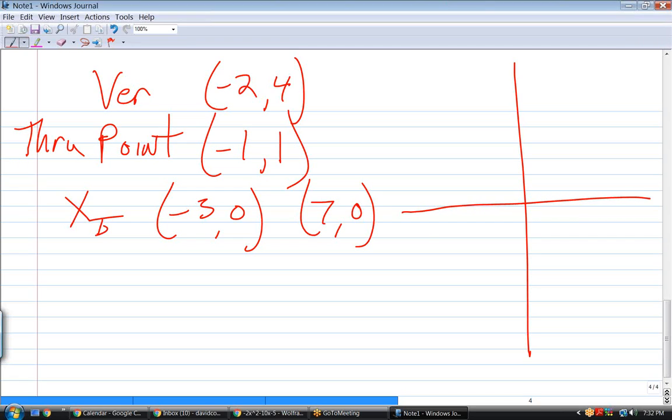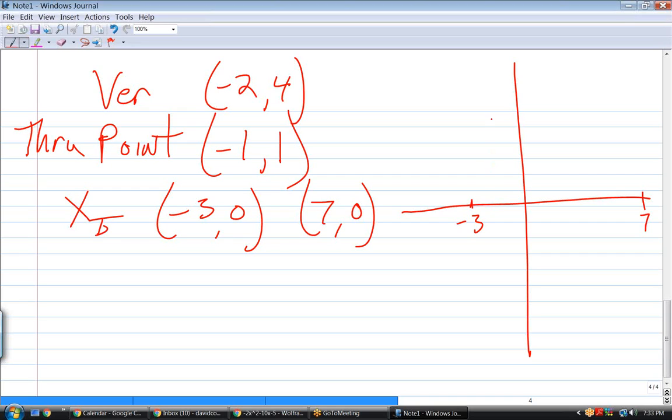First of all, let's deal with the X-intercepts. There's -3, there's 7. In fact, -3, 0, 7, 0. Okay, where's the vertex? -2, 4.